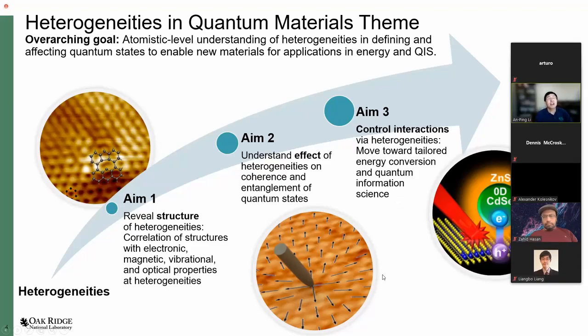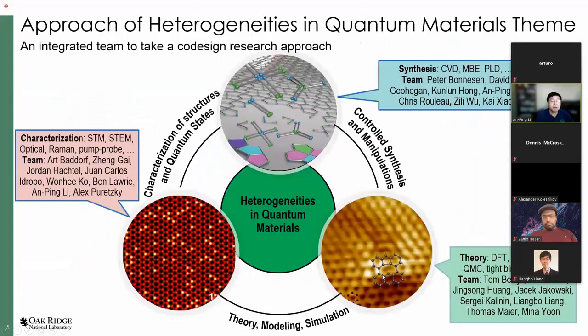We have organized a large team that consists of more than 20 individual PIs. We are taking this co-design research approach. In the material synthesis stage, we want to control and manipulate heterogeneities.